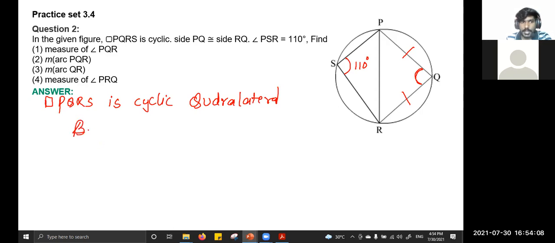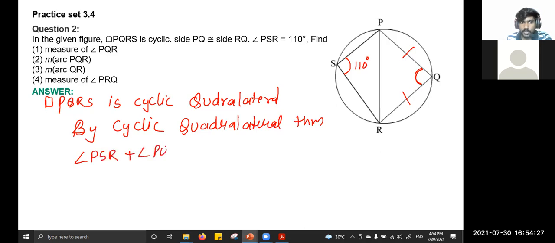So you write here, by cyclic quadrilateral theorem, angle PSR plus angle PQR will be equal to what? 110 plus X equal to 180.